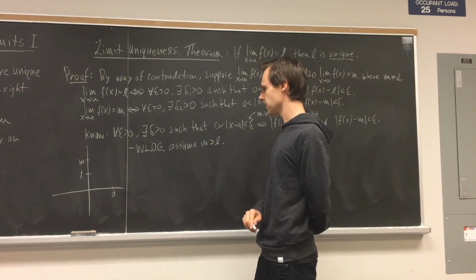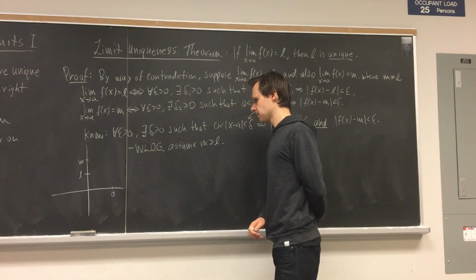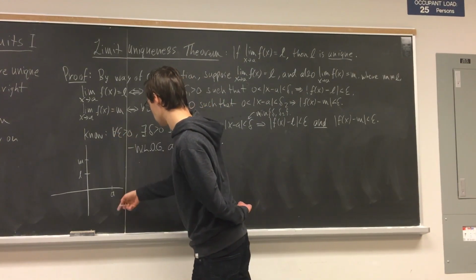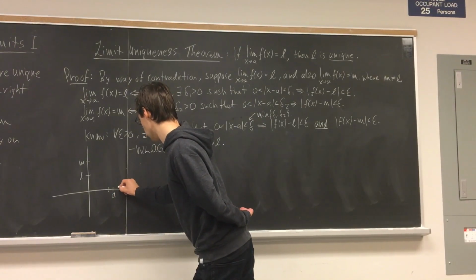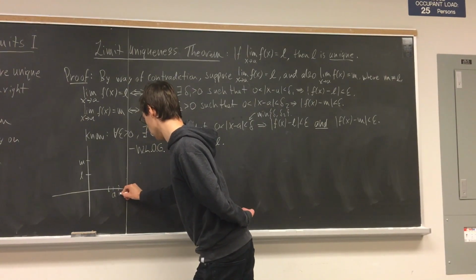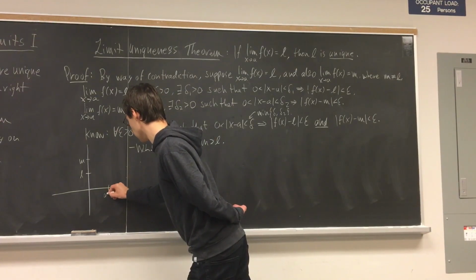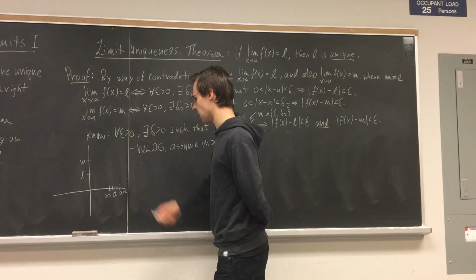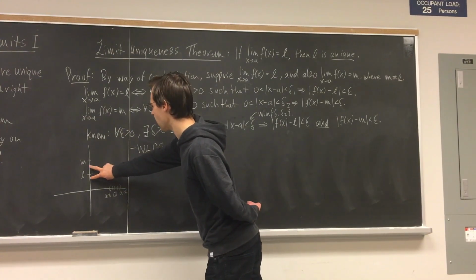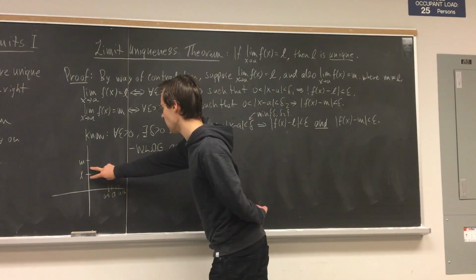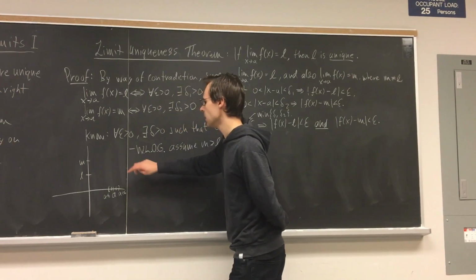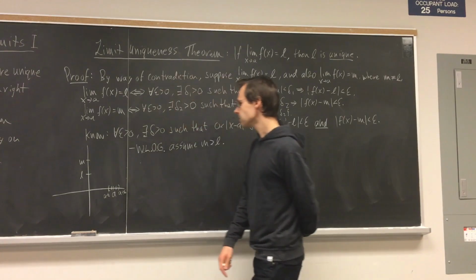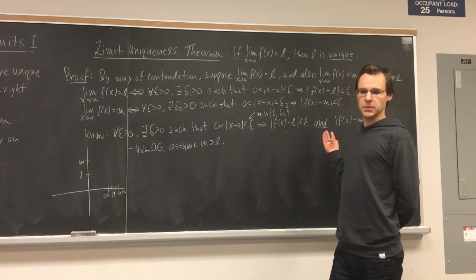There we go. So what's happening on our graph? We know that no matter how small our epsilon band is, there always is a little delta window here. Around A, there's A plus delta, there's A minus delta, such that whenever we take an x from here and feed it into our function, it will be within an epsilon band around L, and also within an epsilon band around M. Now, we know that this is true for all epsilon.